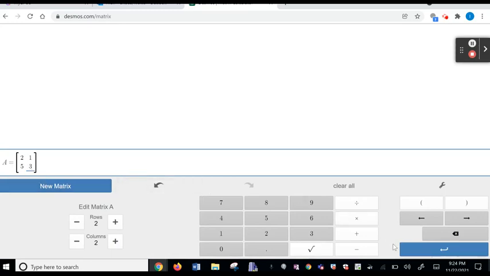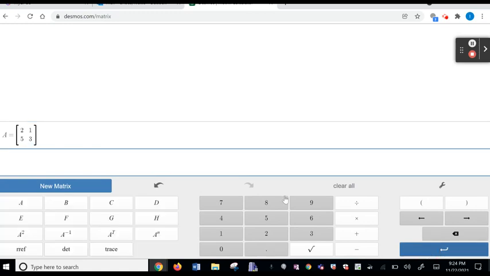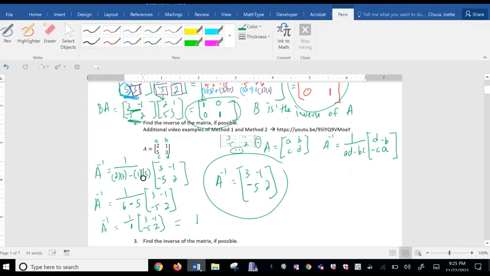And so when we're ready to do some work, we click the arrow down here on the right. And we want to use our matrix A and then our symbol for inverse. And then we can press enter. So you can see our inverse is 3, -1, -5, and 2. And that is what we got here.